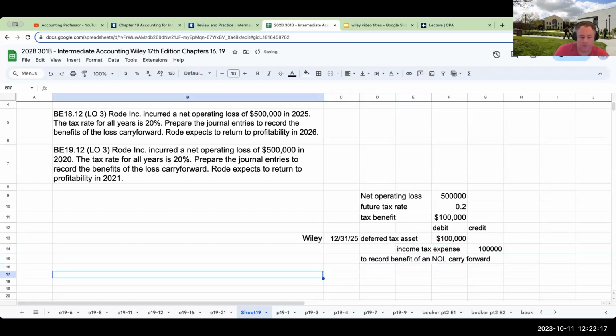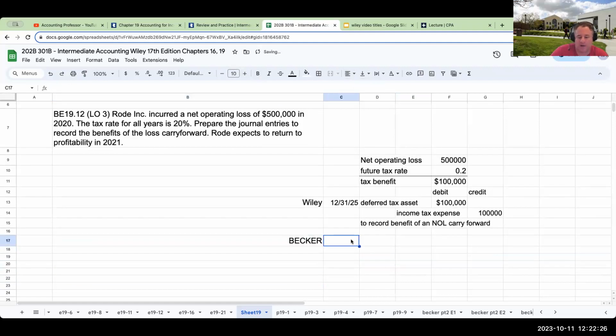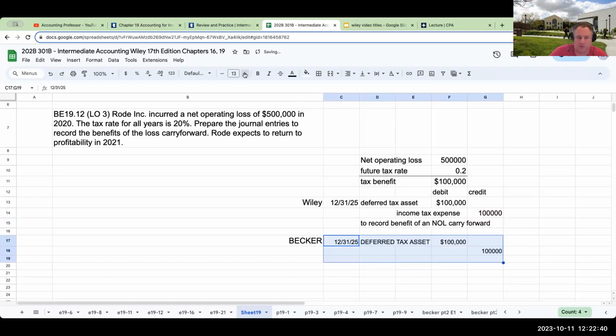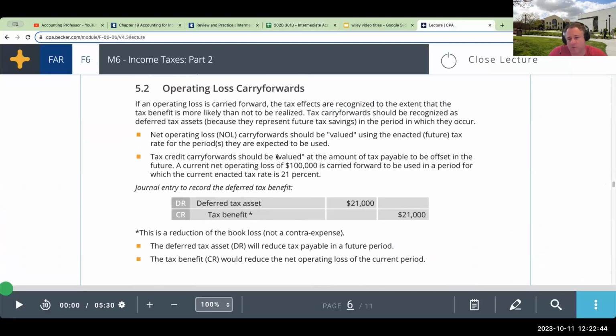Okay, now under Becker, if we were going by the Becker method, we would basically be saying 12/31/25, we would have deferred tax asset for 100 grand. However, for the credit portion, this is really because Becker is saying, and again, these review courses are very, very well researched, they're basically calling this a tax benefit.